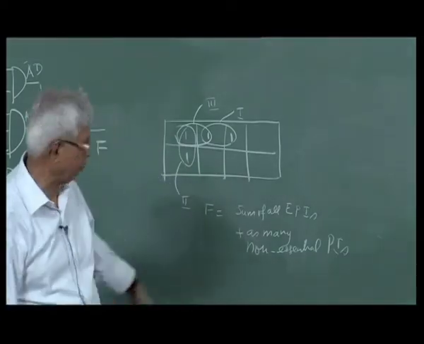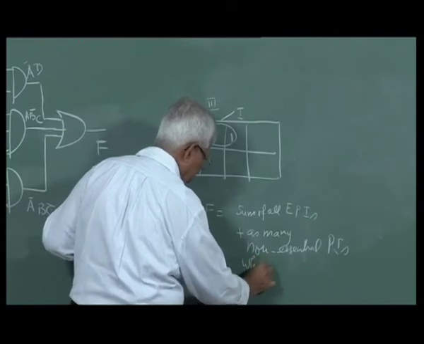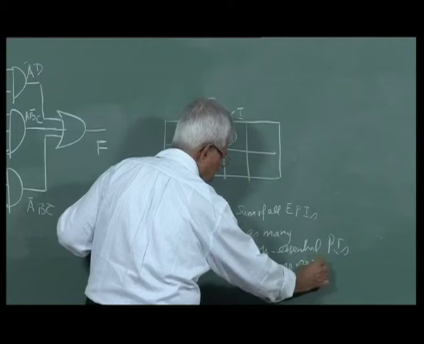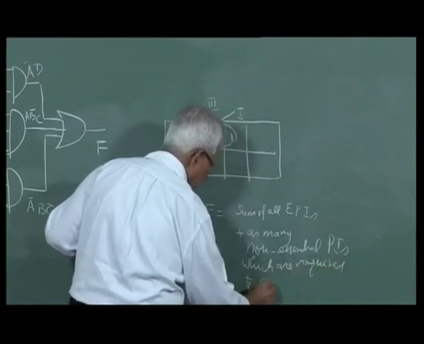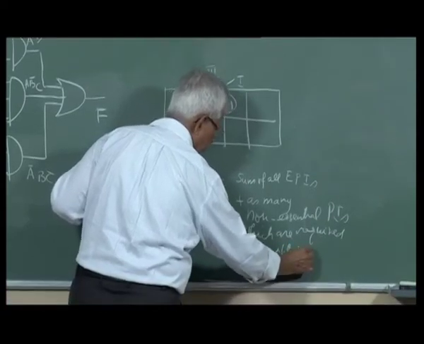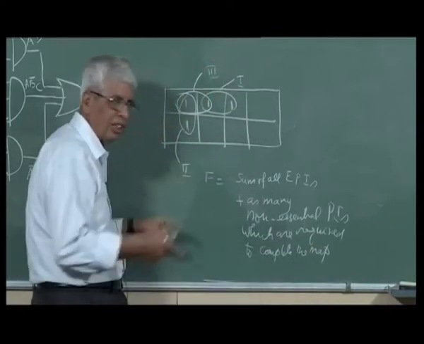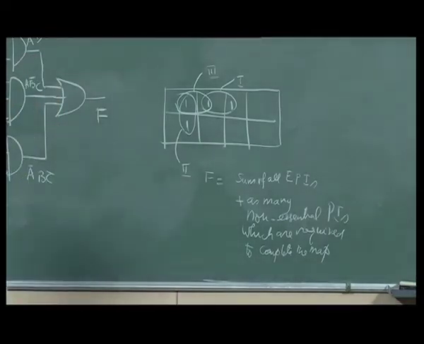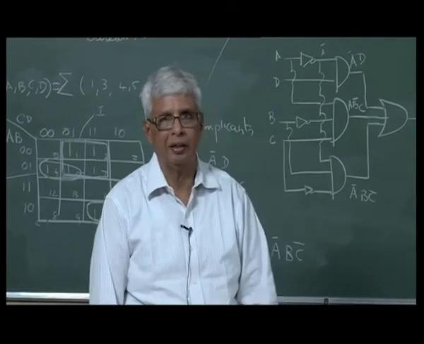I did not write that part: non-essential pairs which are required to complete the map. An essential prime implicant has to be in the final expression. A non-essential prime implicant need not be, but it is also required sometimes because otherwise that one gets left out.